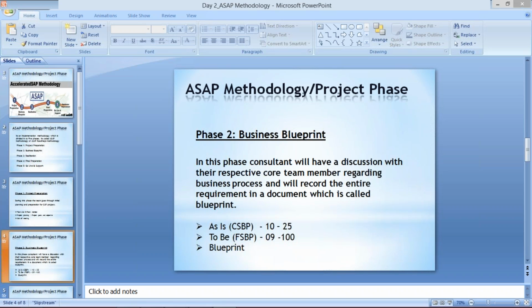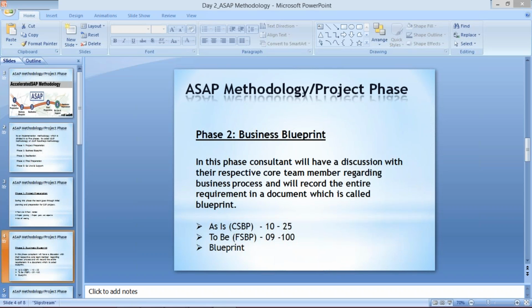No. Generally what will happen, since the number of consultants from the Wipro side will be, say for example, 2 or 3 at max for one module. In that, one senior and one junior. Let's suppose 2 consultants are there, one senior and one junior.